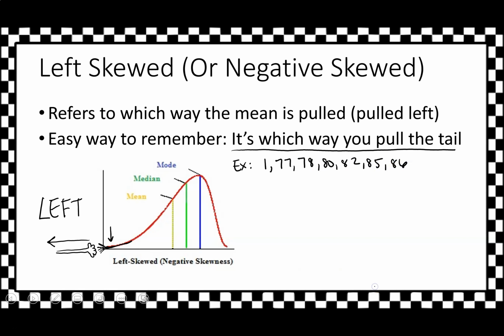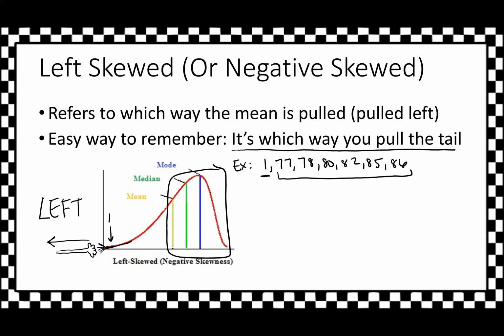You can see that most of our values are high. So we'd have most people on the right here. But we have one value, in this case 1, that pulls our data over here, right? So we'd still have to represent that on our frequency chart with our curve on it.